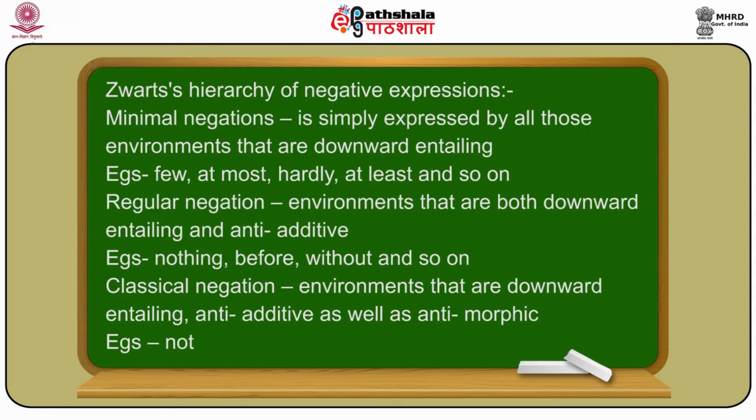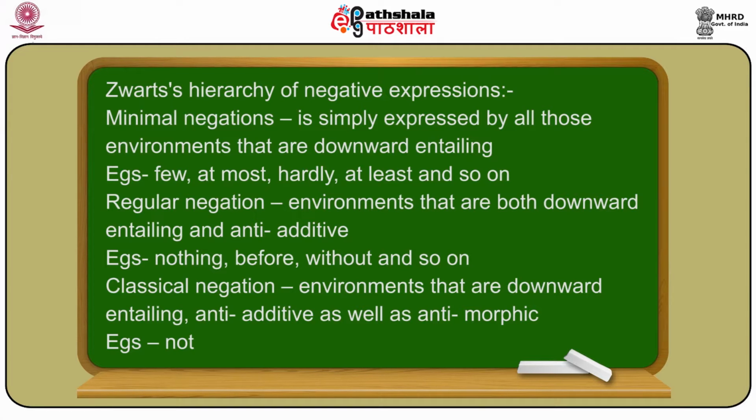What is regular negation? Regular negation are environments that are both downward entailing and anti-additive. I should point out, by the way, that all anti-additive environments are by definition downward entailing. This is something that you can prove logically. It's a fairly simple proof.